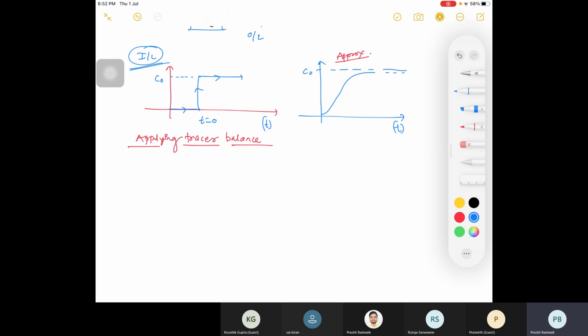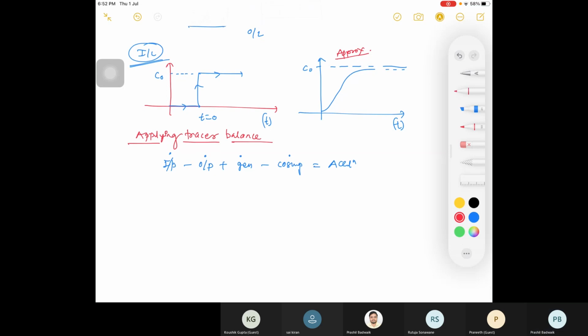So what is that? Input, output plus generation minus consumption is equal to accumulation. Everything is rate. Dot is denoting rate. What is your input?